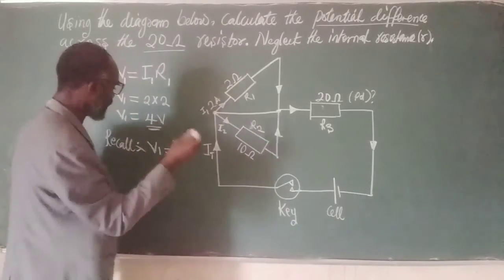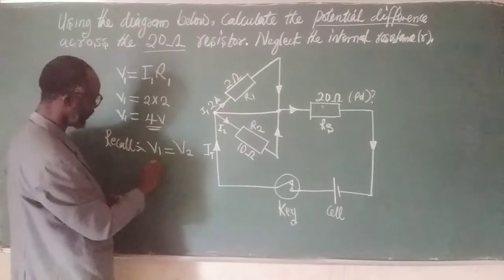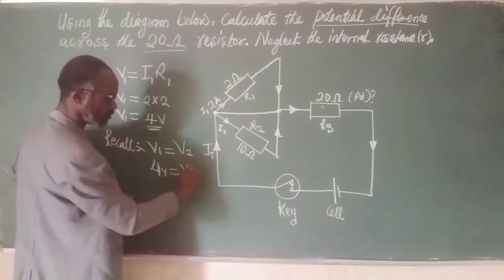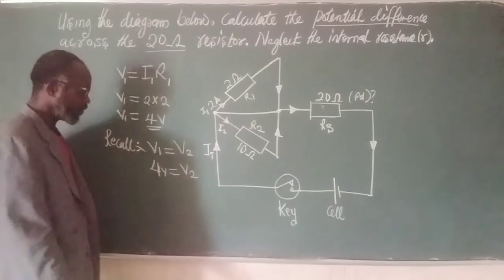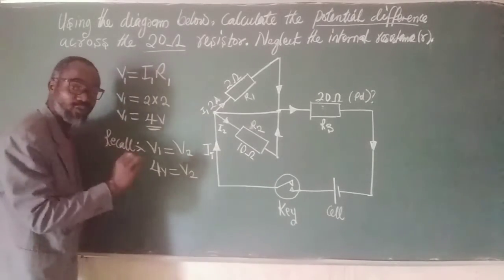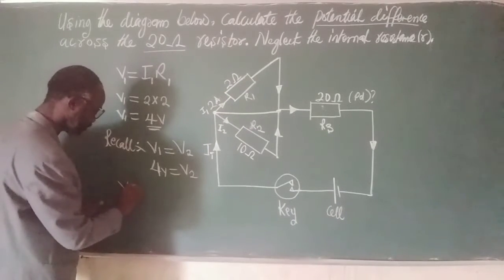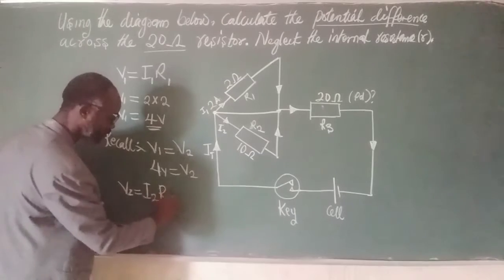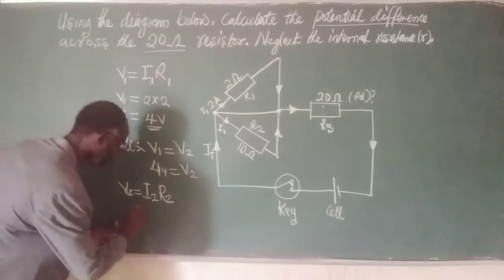Right? So with that idea, since we have V1 to be 4 volts, it means that V2 is also 4 volts. So what do we do? We apply Ohm's law again, but this time around it is going to be V2 equals I2 R2. Good. So quickly we substitute.